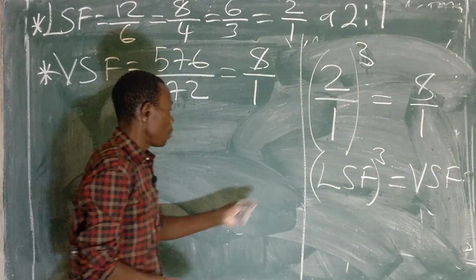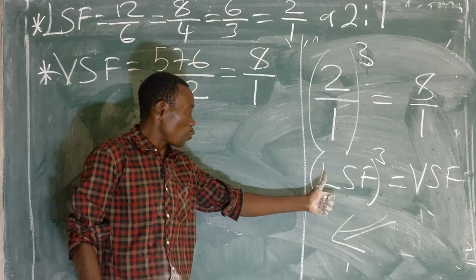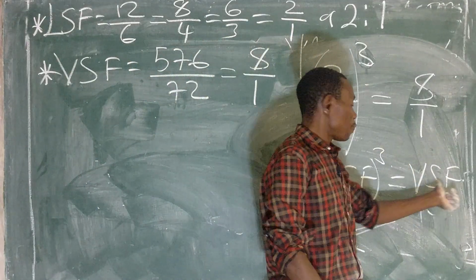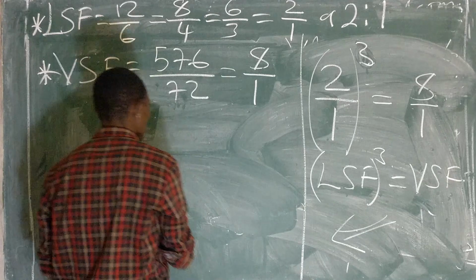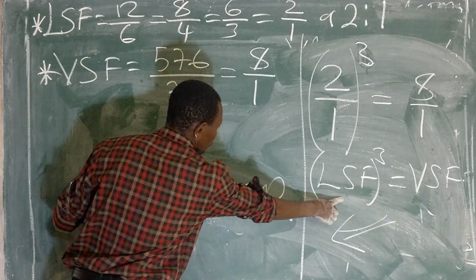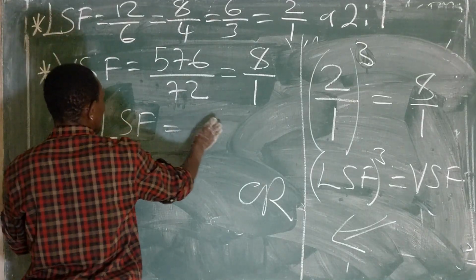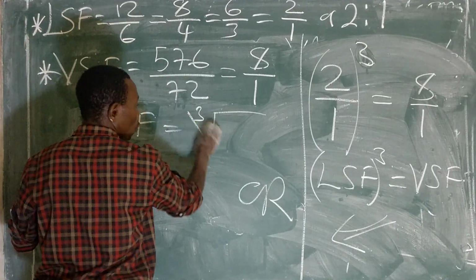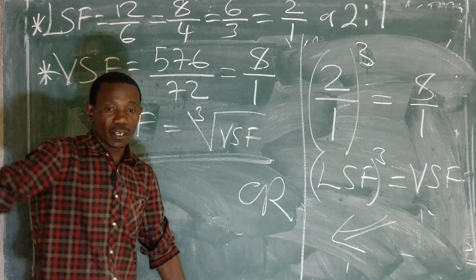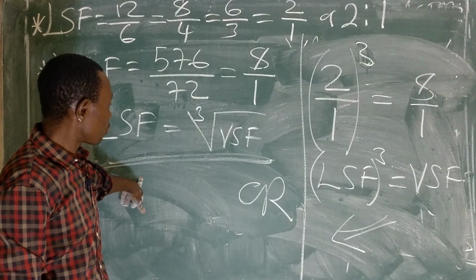Or vice versa, if you'd like to find the value of the linear scale factor, that should be the cube root of the volume scale factor. That's it. This is what you are supposed to know.